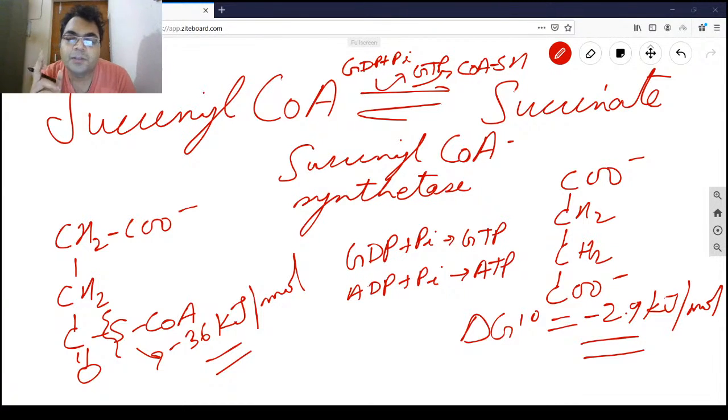So what happens is you can have a confusion here, because when I have produced the citrate, oxaloacetate plus acetyl CoA, I use the enzyme citrate synthase. Here I am using synthetase.